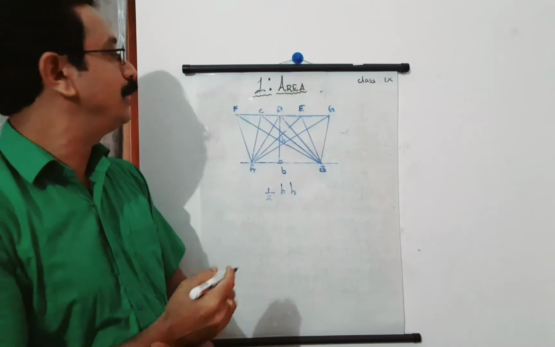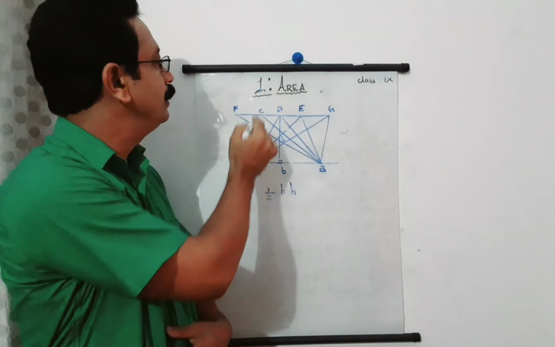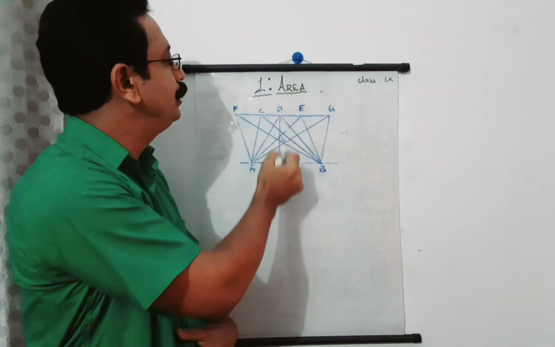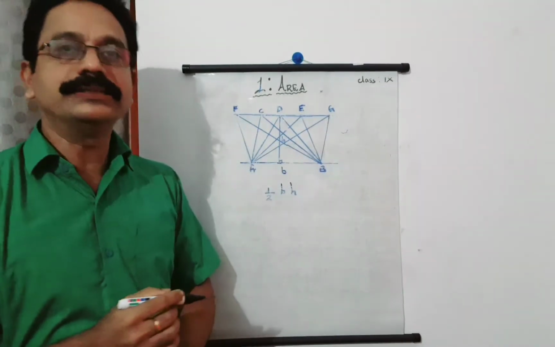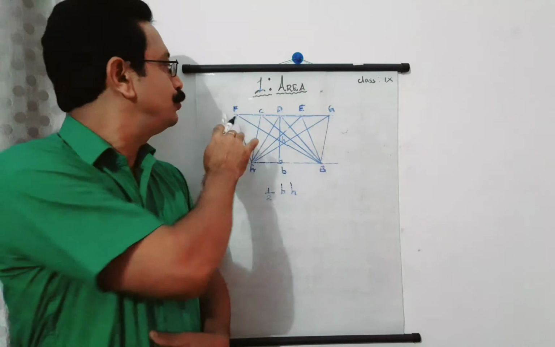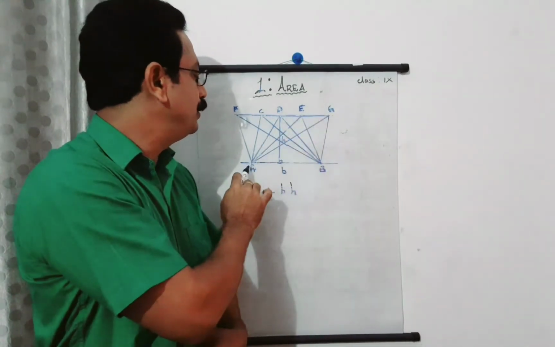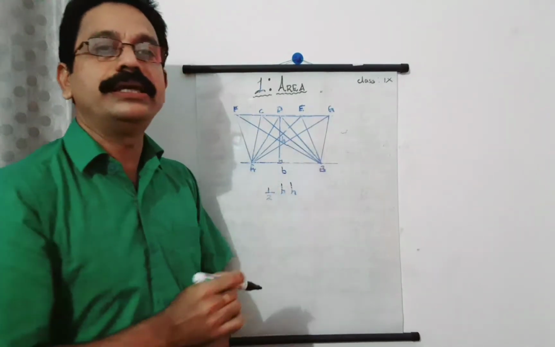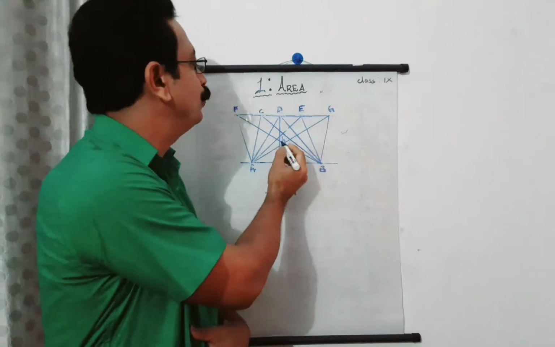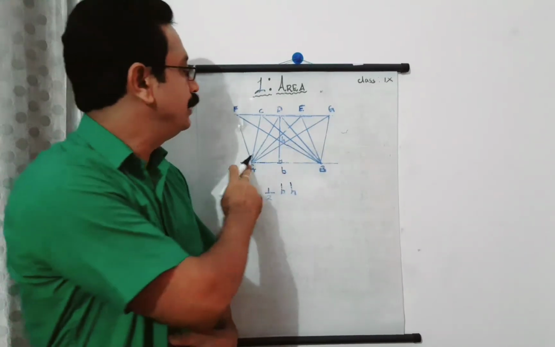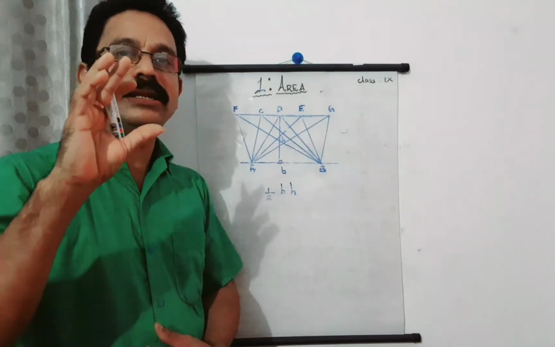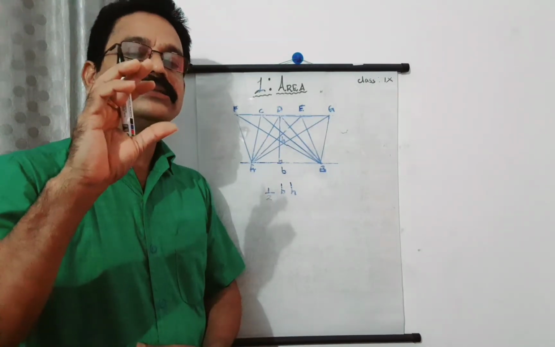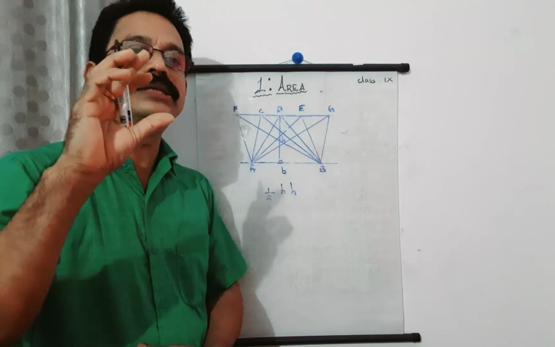Now what about the heights from F to AB, C to AB, D to AB, E to AB and G to AB? You can see the heights from each of these points to the line AB are the same and equal to h. Why? These two lines are parallel. In between two parallel lines, the distance between them is always the same.